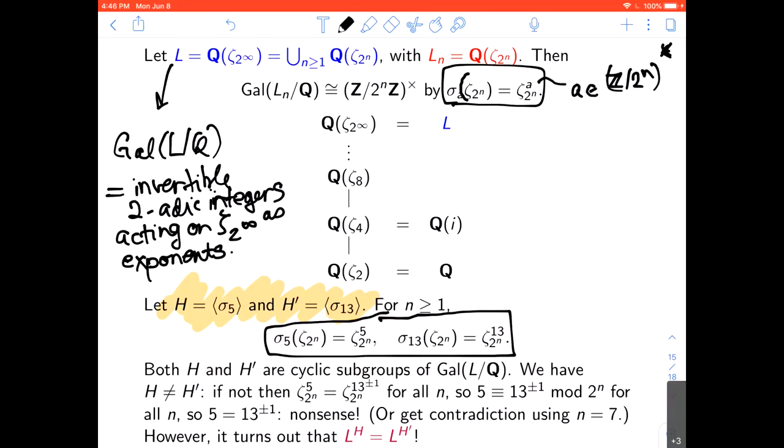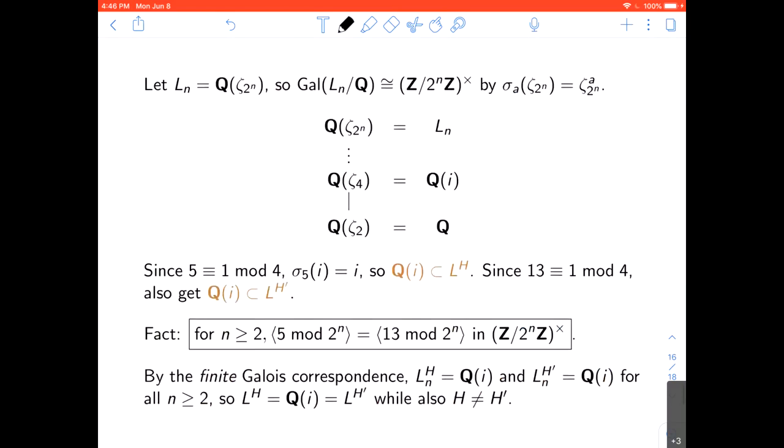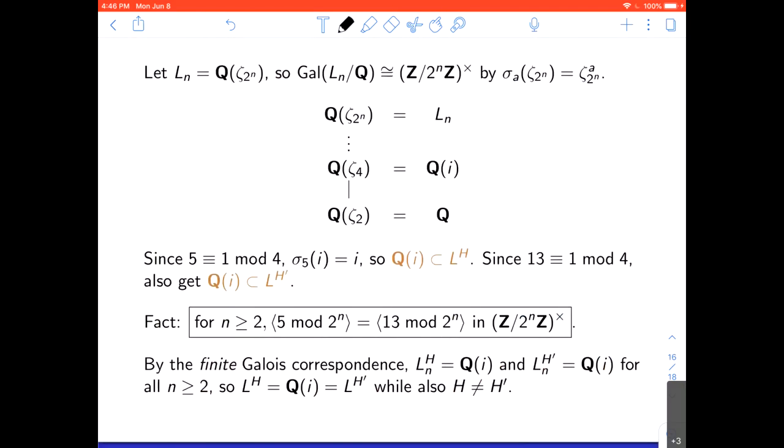So in any case, these subgroups are distinct. They intersect only trivially. But it turns out that they fix the same stuff. So the different subgroups fix the same stuff. How does that work? Well, it's a fact of modular arithmetic that the number 5 and the number 13 are both 1 mod 4, and so they certainly fix i.